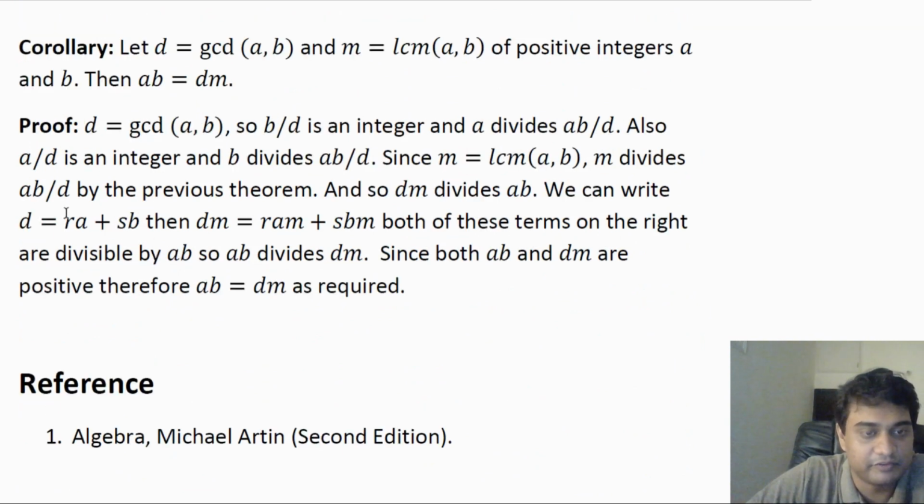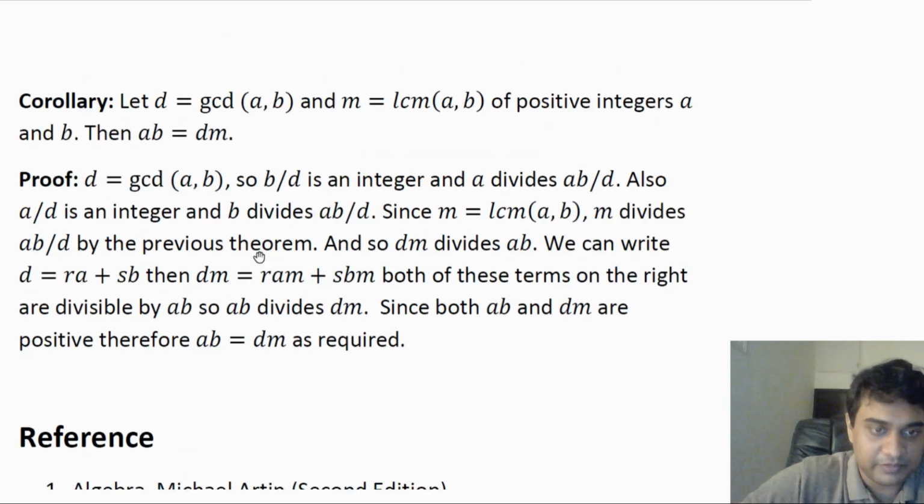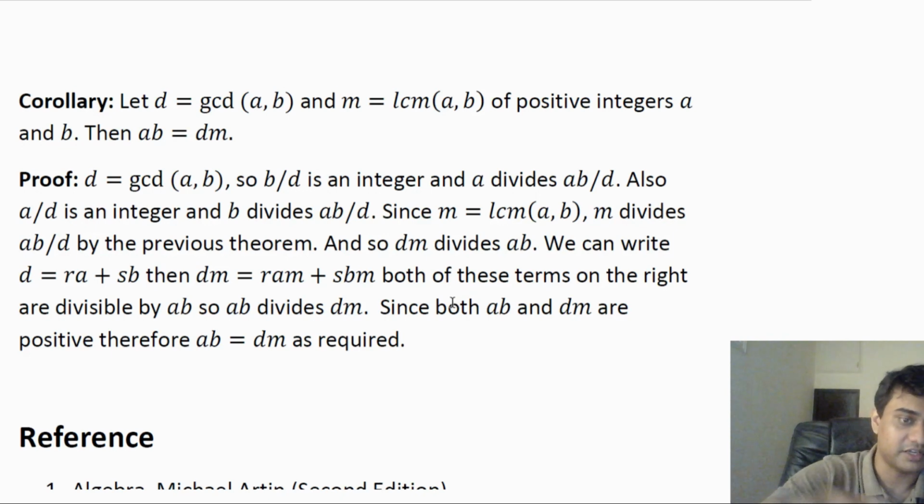Then if you multiply both sides of the equation by M, DM equals RAM plus SBM, and both of these terms on the right are divisible by AB. In the term RAM, you can write M as B times some integer, because M is a multiple of B, the least common multiple of A and B. So the first term RAM becomes a multiple of AB.